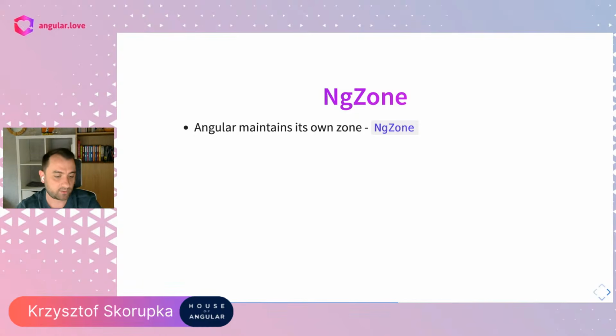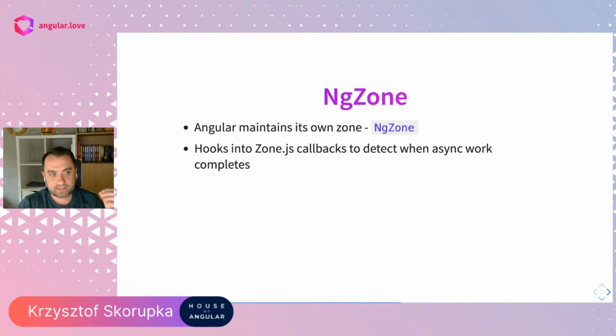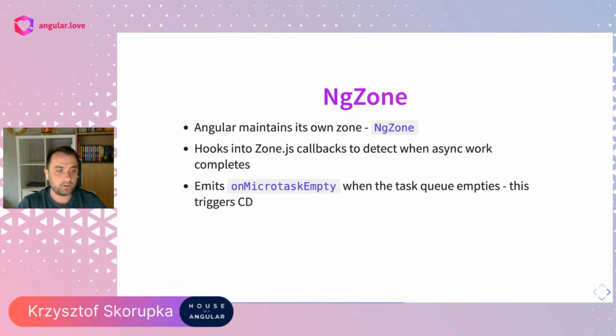We know that if something is running in Angular, it is running in the Angular zone, so we know that this is framework code. It hooks into some Zone.js callbacks to detect when this async work completes. Because, as we just said, Zone.js knows when async work completes. So if it sees that there are no more tasks pending in the queue, and Zone.js tells it there is nothing else waiting, then it emits the onMicrotaskEmpty event.